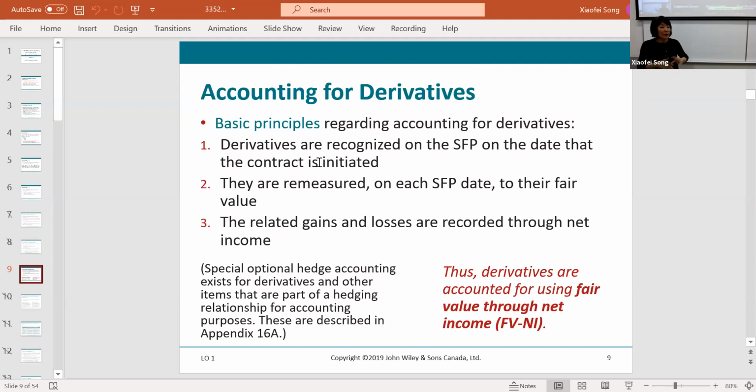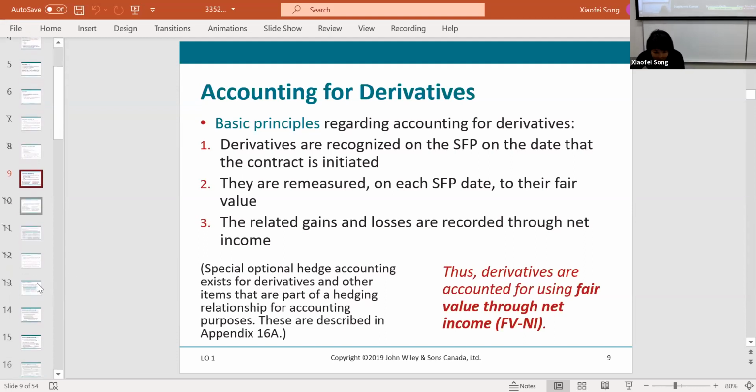It happens, okay? But if it has a value, you have to reflect the fair value. They are remeasured on each statement of financial position date to their fair value, and the related gains and losses are recognized through net income. So that spells out what fair value through net income is.